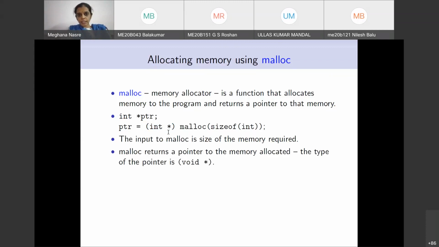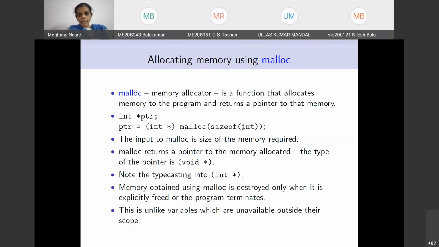As I said, the input is the number of bytes. Very rarely are we going to say give me 4 bytes or 10 bytes. Typically the size is determined by the number of elements of a particular type, so you say size of int into, let's say, 10 if you want to allocate an integer array of size 10.